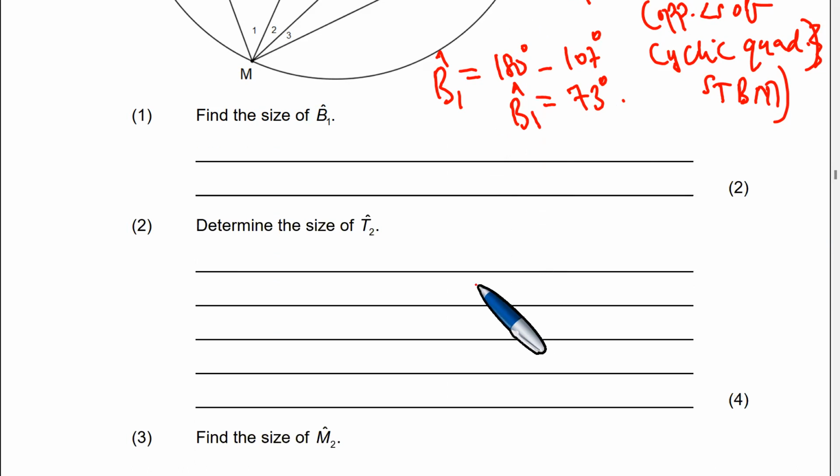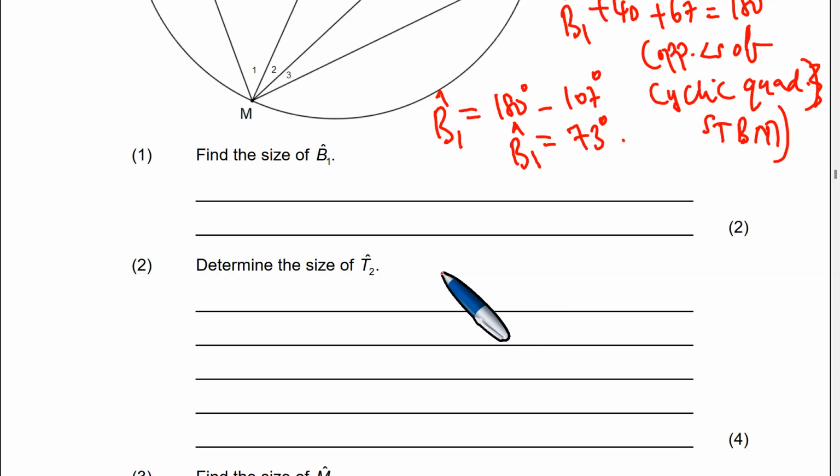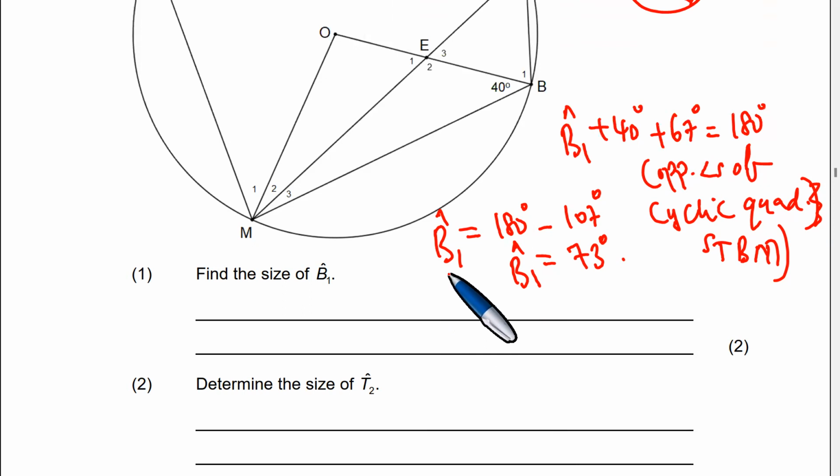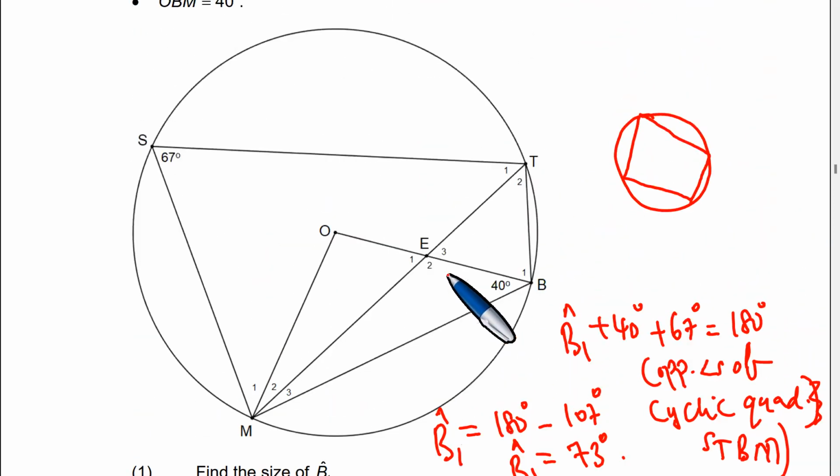Determine the size of angle T2. We just need to see the shape, angle T2. In other words, we're looking for this angle here. Sometimes it helps to fill in the angles, because then you can normally see much better.